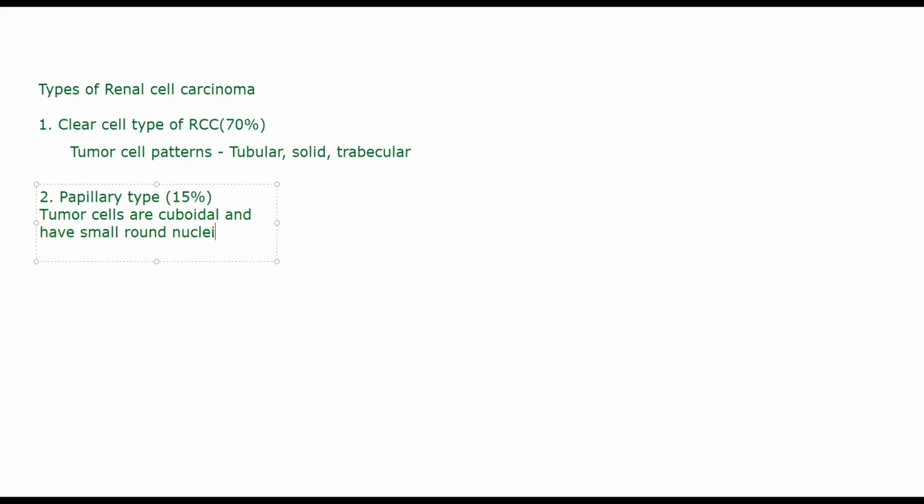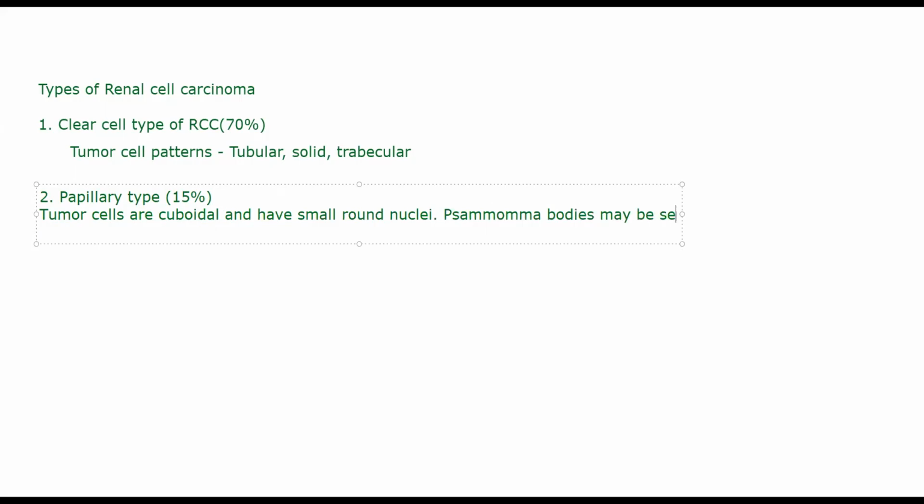Sometimes you can also see something called psammoma bodies. In this tumor, sometimes, psammoma bodies may be seen. What are psammoma bodies? These are laminated calcified structures.